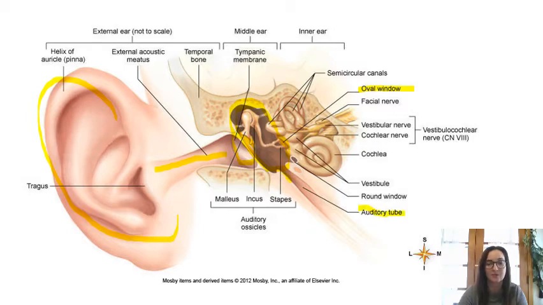This auditory tube runs from the middle ear down to your nasopharynx, a little bit inferiorly, but mostly medially. Right, and then on the other side of the oval window, we get into the inner ear, which is all this kind of bony structure here, which we'll talk about in a minute.